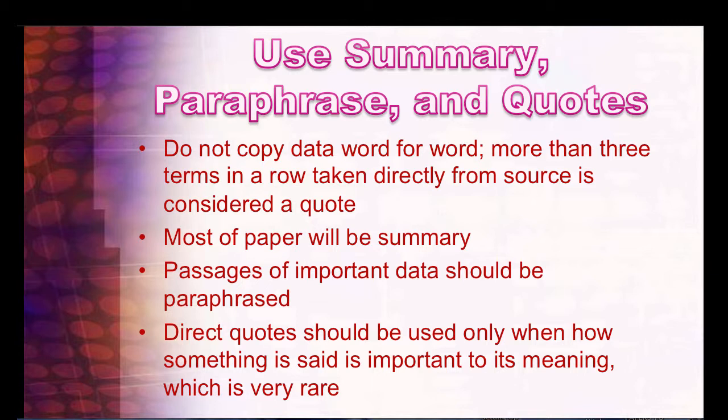So you don't want to use direct quotes very often. I would say for the papers you're writing, certainly no more than 1 or 2 direct quotes would be necessary. There might be exceptions, though.